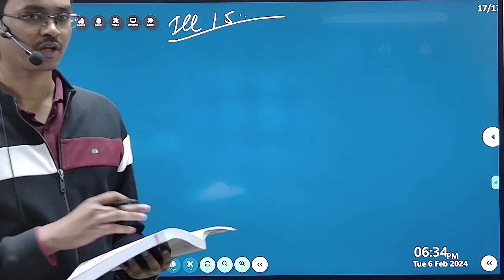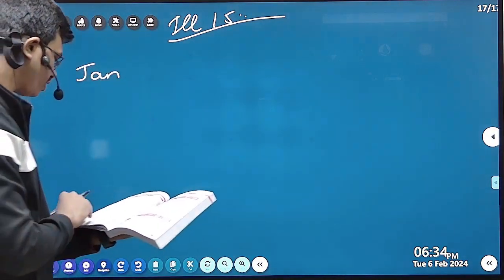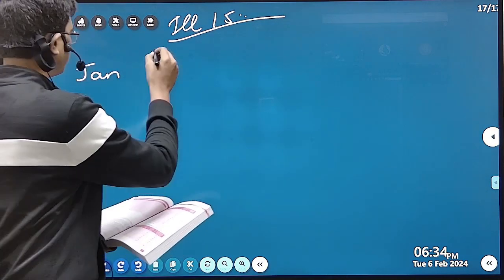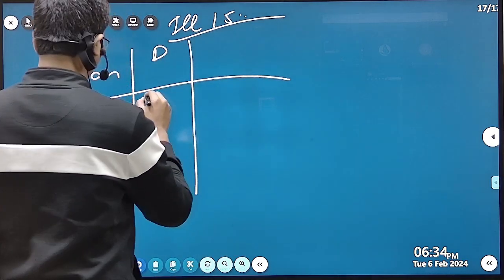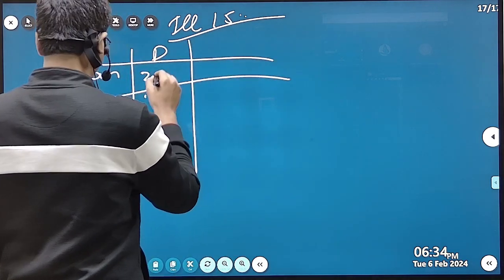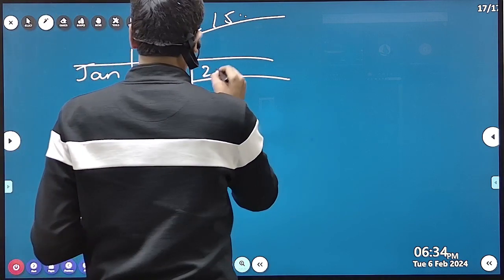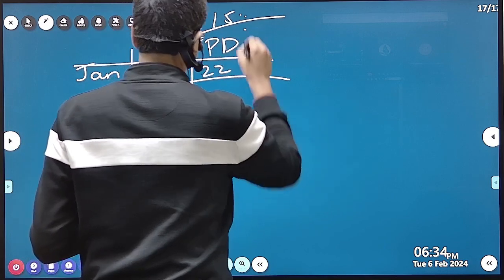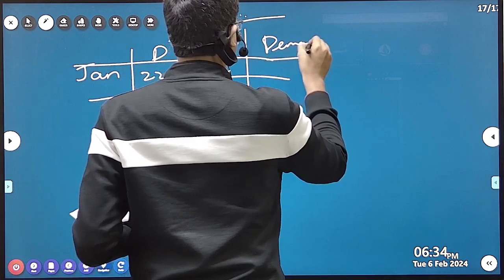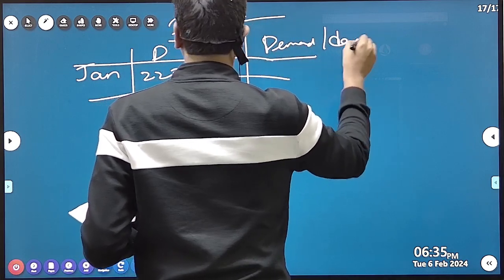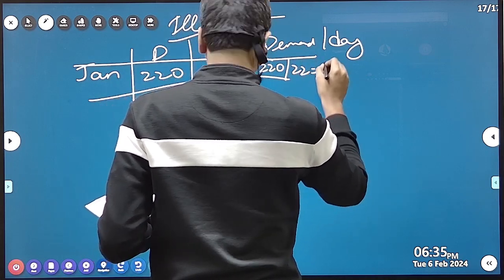For Jan, if you see, you have a demand of 220 units and you have production days of 22. So he asks you what is the demand per day. That is 220 divided by 22 comes to 10 units.